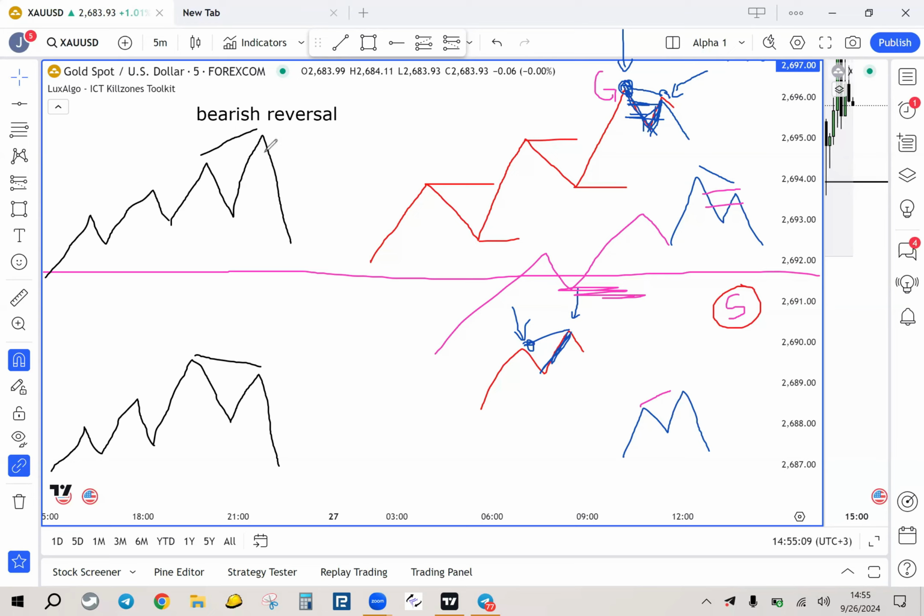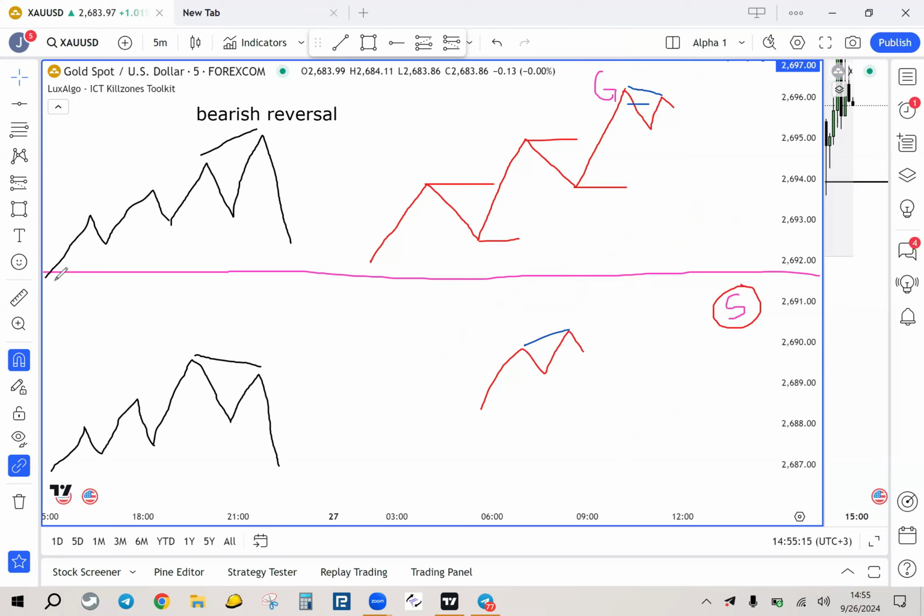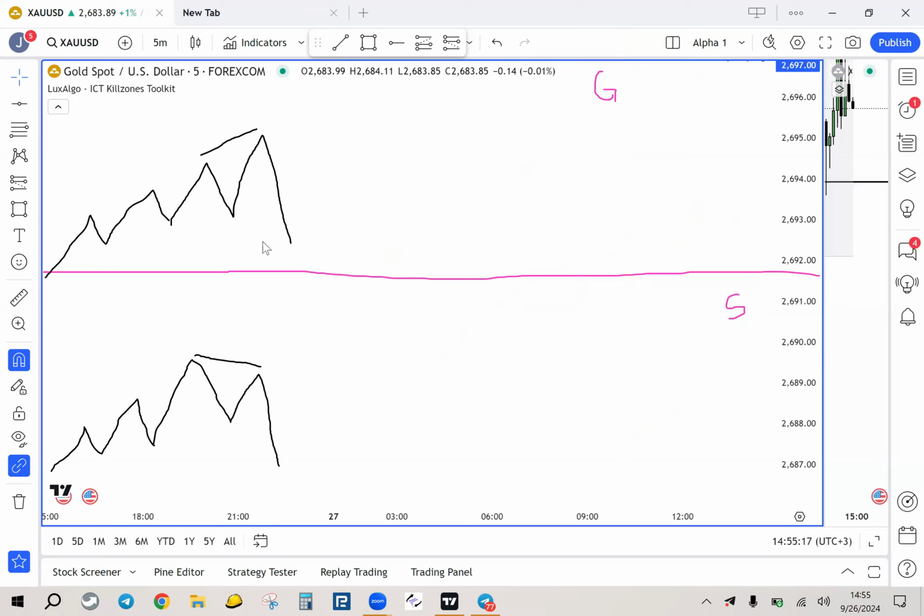Let's draw this again. So let's say I would have gold, bullish, right? The lows are protected levels, okay? Then I have gold going up, and then it creates the fair value gap. What's the protected level in this case?